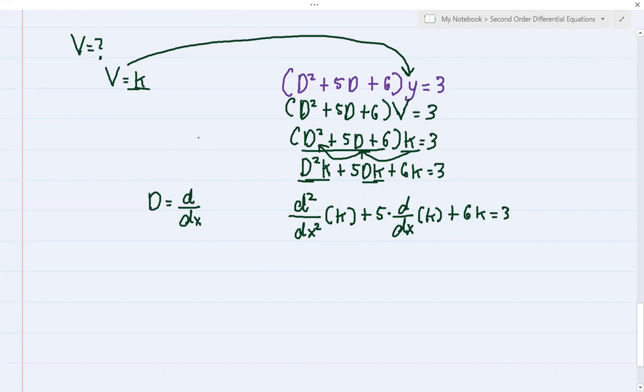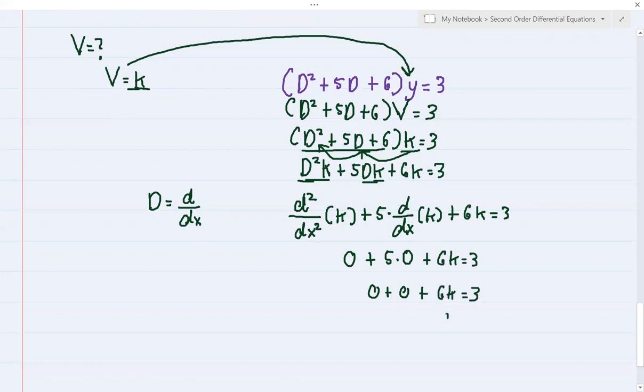So therefore, if you get the second derivative of your K, this is just 0 plus 5 times the derivative of your K. Okay, again, it is a constant. So you're going to get 0 plus 6K is equal to 3. So obviously, 0 plus 5 times 0 is 0 plus 6K is equal to 3.